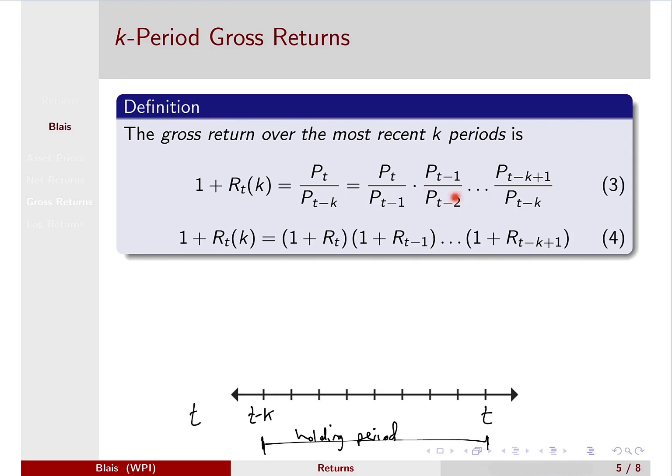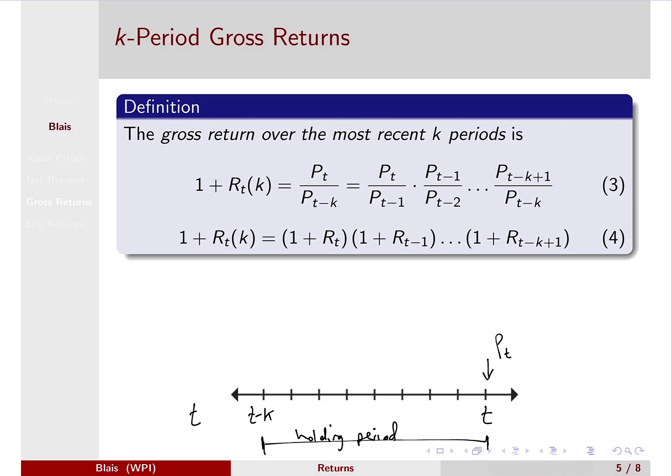And we can see how we get the formula, because the gross return over our most recent k periods, intuitively, think of it in the same way. We take the value of the asset at the end. So here, that's our P_t.